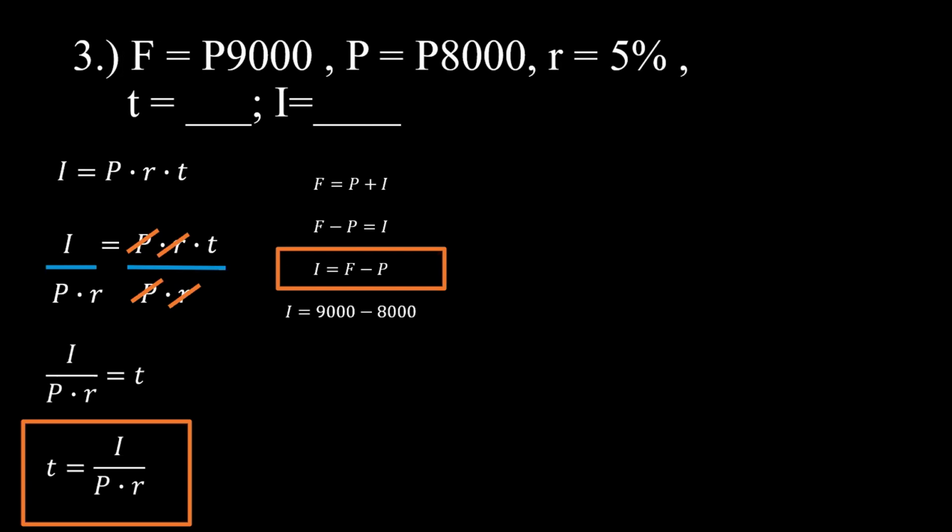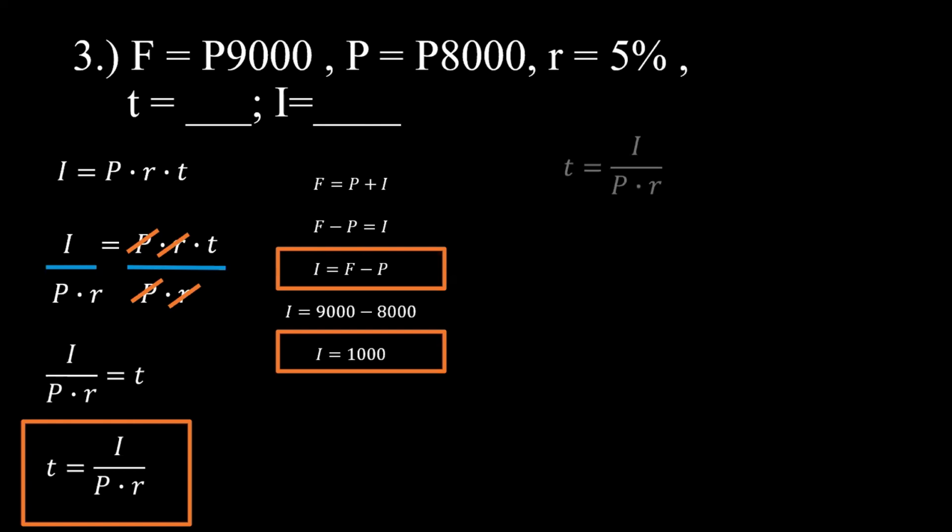We just have to substitute F by 9,000 pesos and 8,000 pesos for the principal. And operating this, we have an interest of 1,000 pesos. This is necessary to solve the interest first because we cannot use the formula of our time because we don't have the original value of the interest.